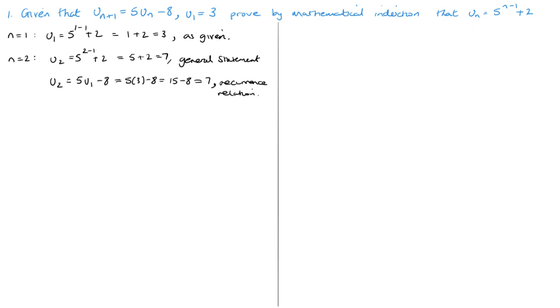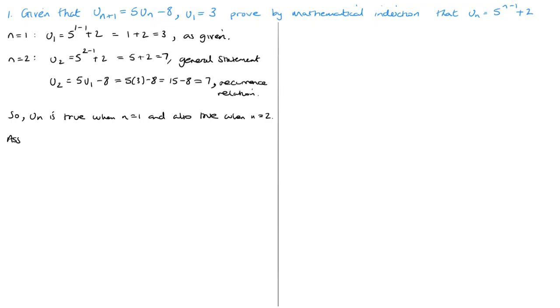Okay, so I've done the first 2 here. So now we can make a statement. So un is true when n equals 1 and also true when n equals 2.